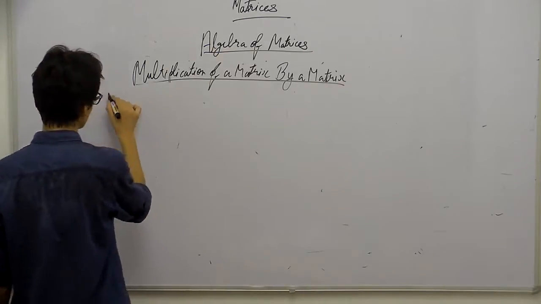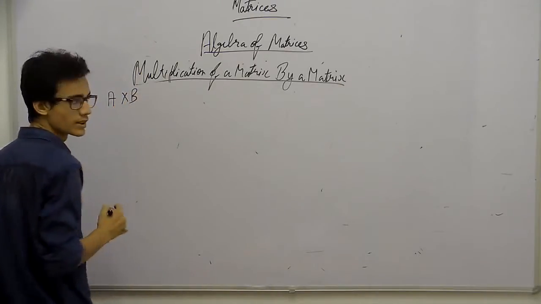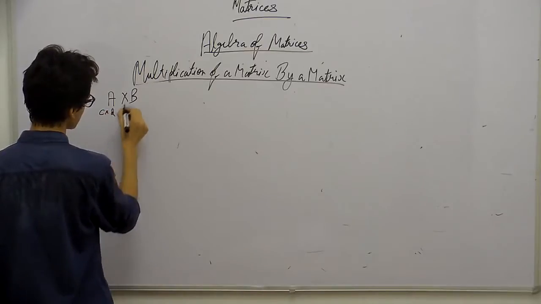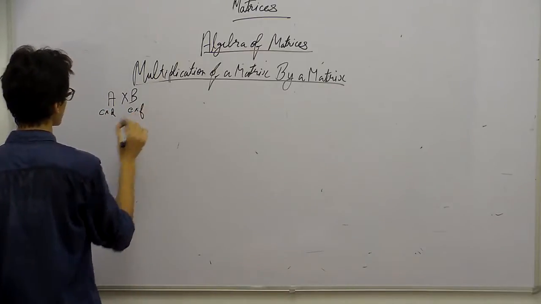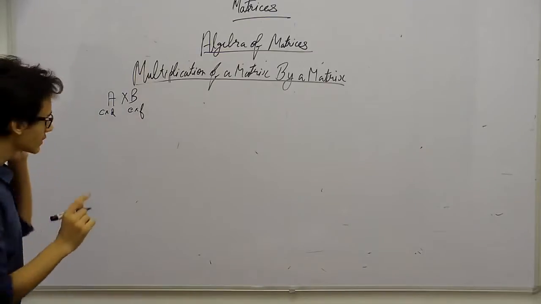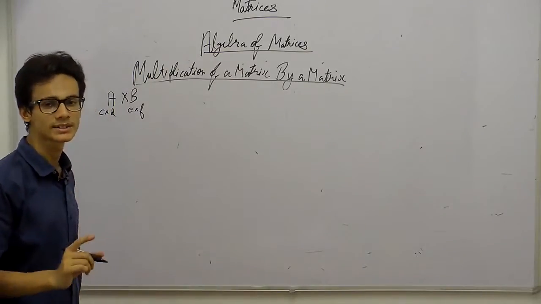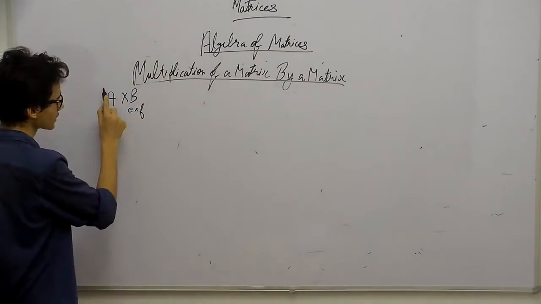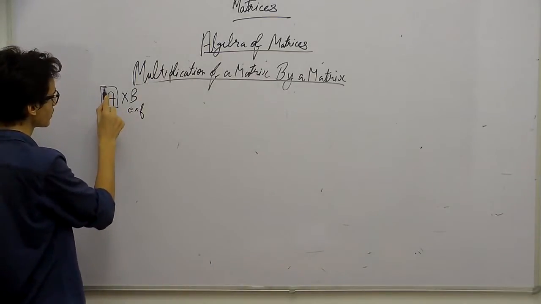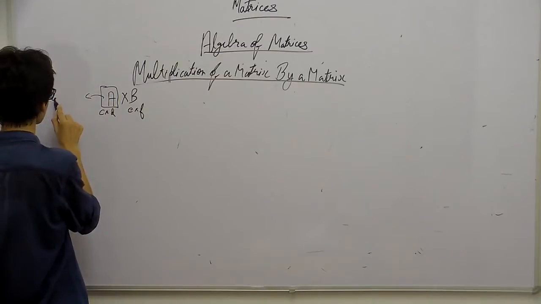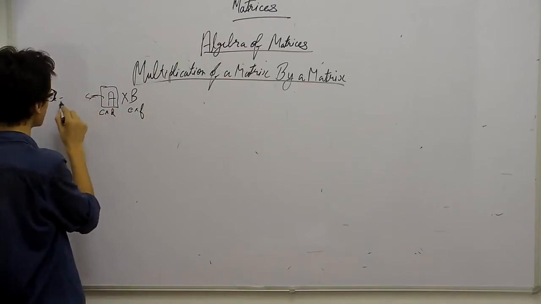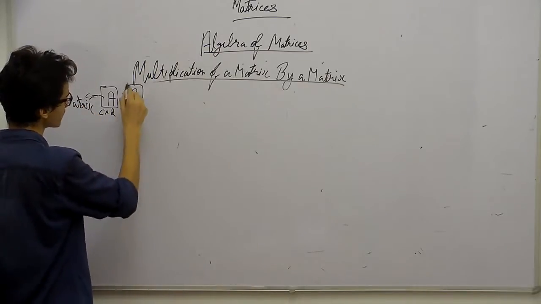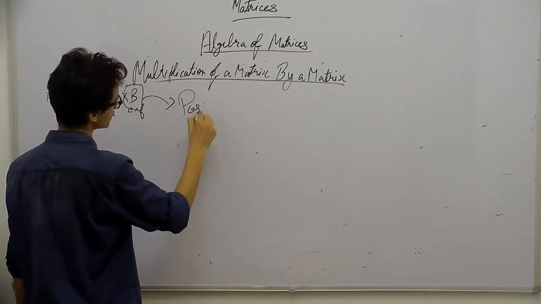Let's suppose we are multiplying A by B. Now let's suppose A has the order C by D, and B has the order E by F. There is one requirement to multiply two matrices. The first matrix, let's call it the pre-matrix, and the second matrix, let's call it the post-matrix.